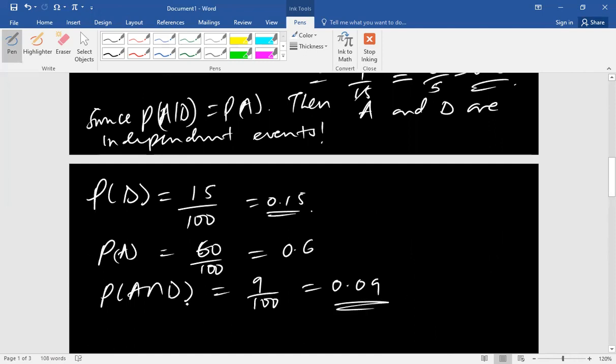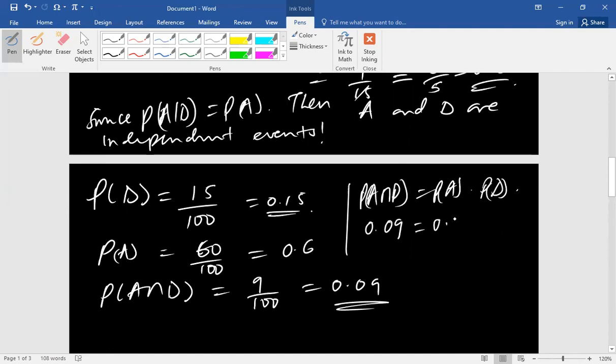Now, to show that these are independent, we say the probability of A intersection D is equal to the probability of A times the probability of D. A intersection D, we have already said, is 0.09. Now this will be 0.15 times 0.6.